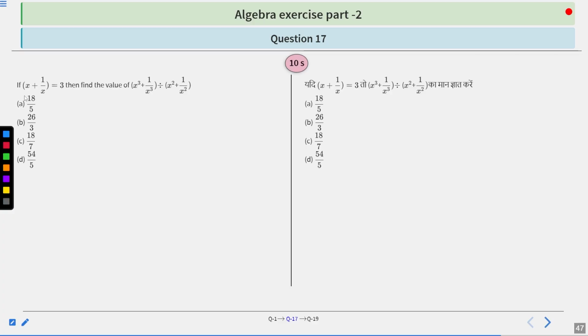Next. If x plus 1 upon x is equal to 3, then find the value of x cube plus 1 upon x cube divided by x square plus 1 upon x square. Options are option A 18 upon 5, option B 26 upon 3, option C 18 upon 7 and option D 54 upon 5.